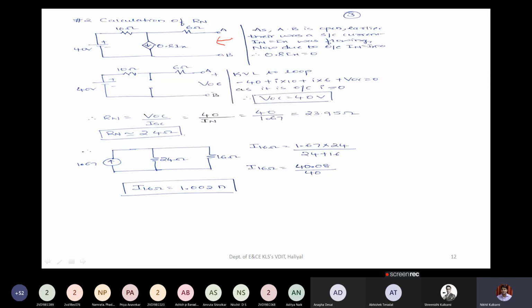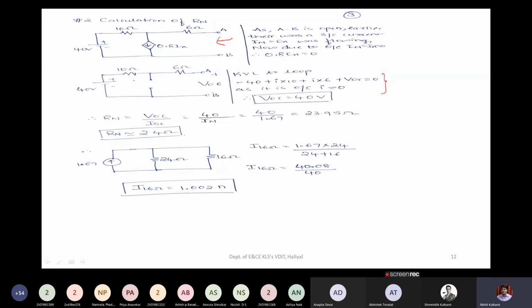Through this, if you find the open circuit voltage, what will be the value? As a beginner, you can apply KVL to the outer loop here, but since everything is open, there will not be any current. In the GATE examination, you should not write these equations directly by observation.